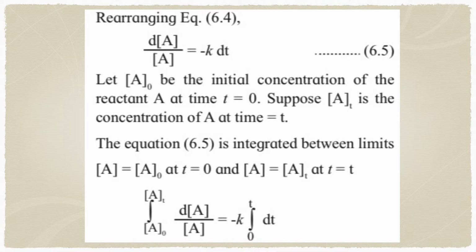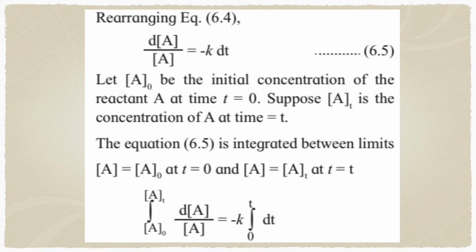Suppose after the reaction, at time t, it can be any time, it can be after 5 minutes or 5 seconds, any time. At time t the concentration will be molar concentration of A t, the concentration of A at time equal to t.